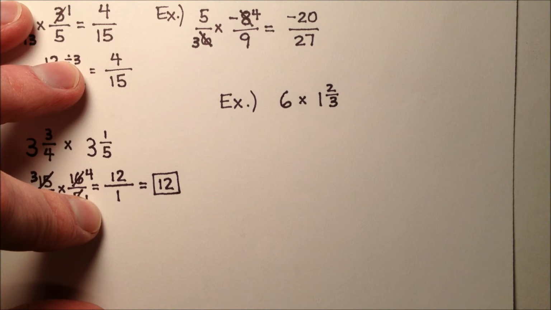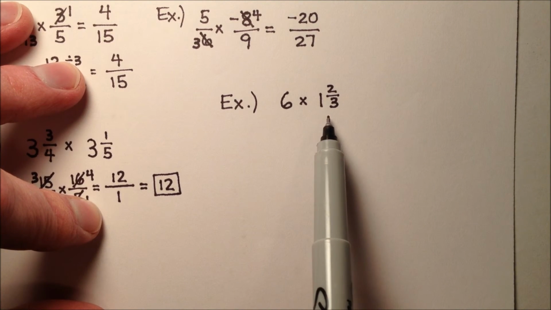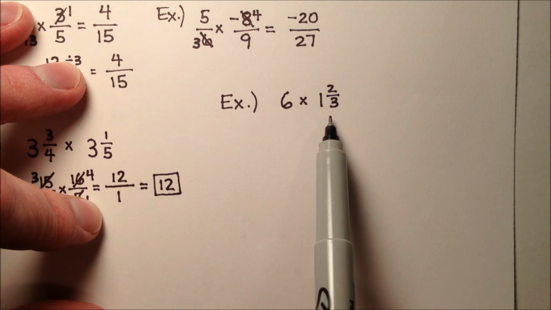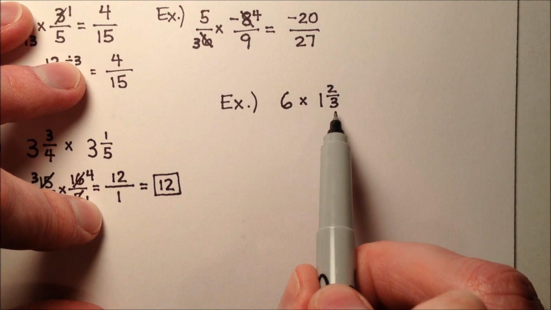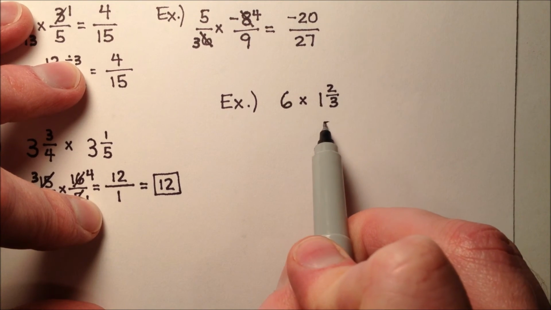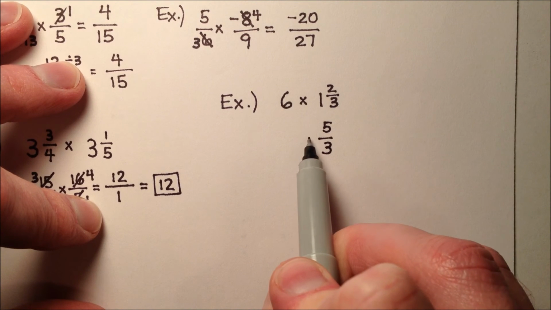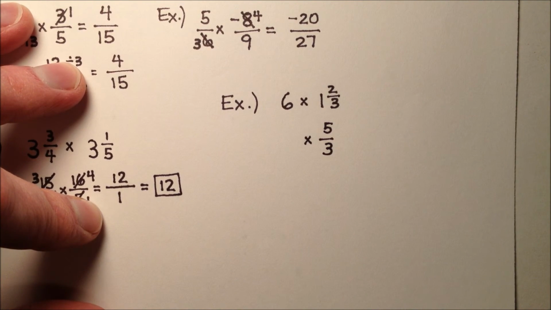One final example I would like to do is when you have a whole number multiplied by a mixed number. Like we did before, I'm going to take this mixed number and change it into an improper fraction. In this case, 3 times 1 is 3, plus 2 is 5. So as an improper fraction, this is going to be 5/3. So what do I do with my 6?